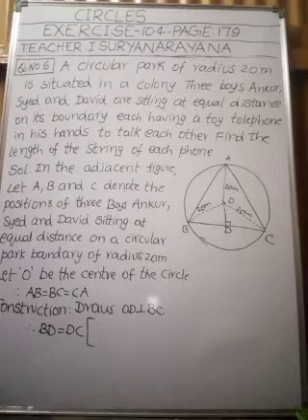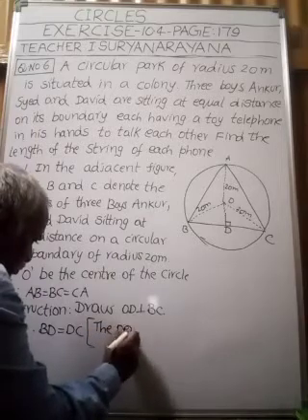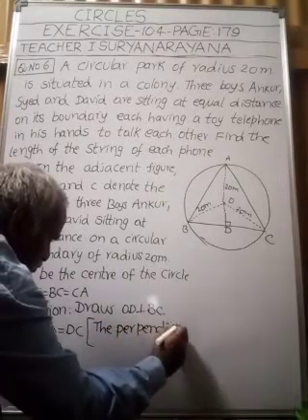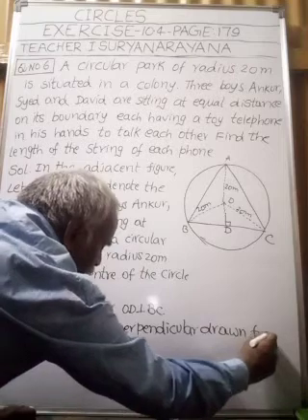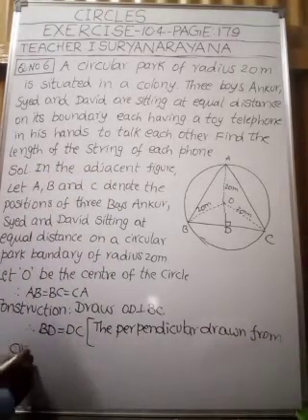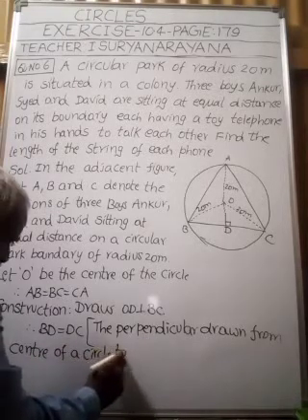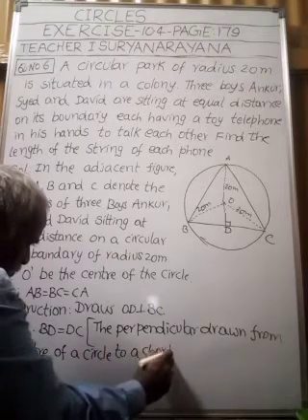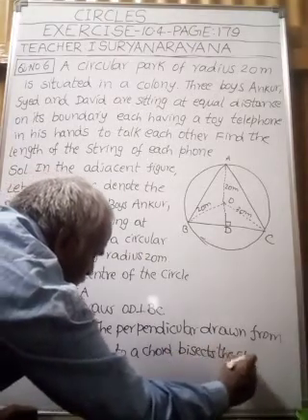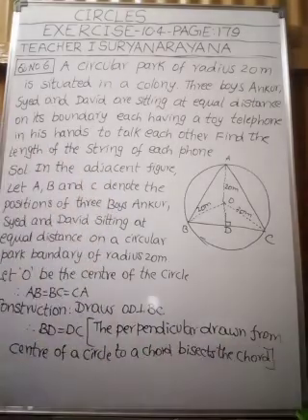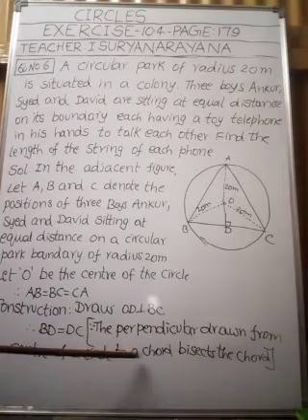Because the perpendicular drawn from the center of a circle to a chord bisects the chord.